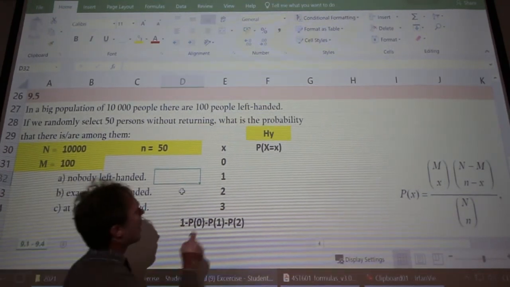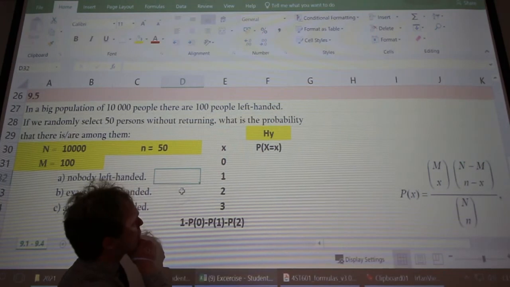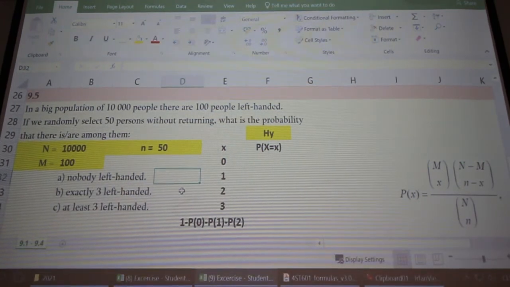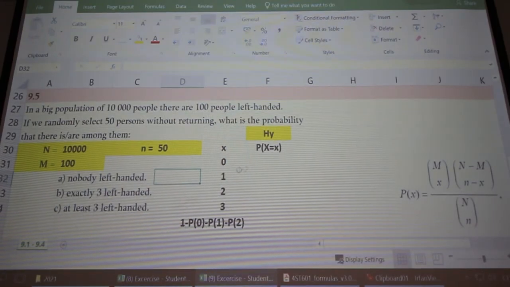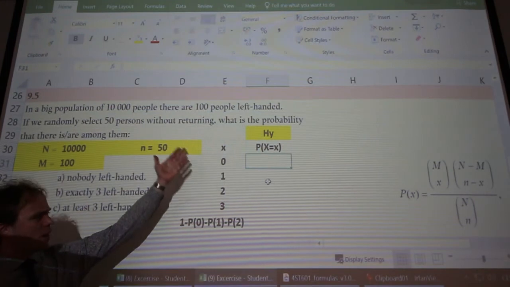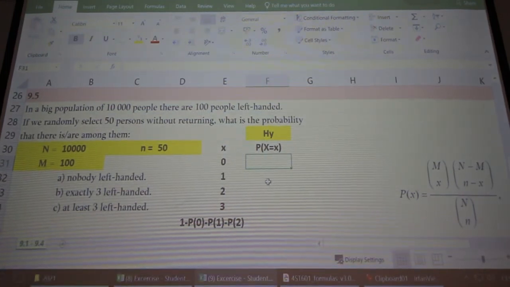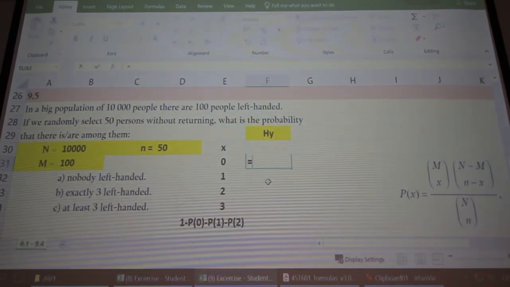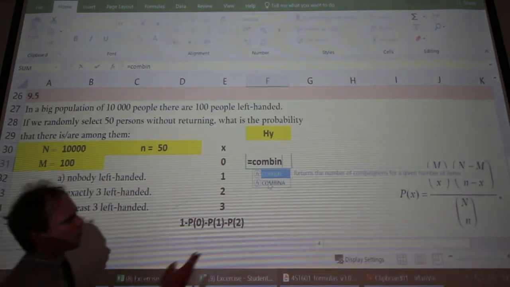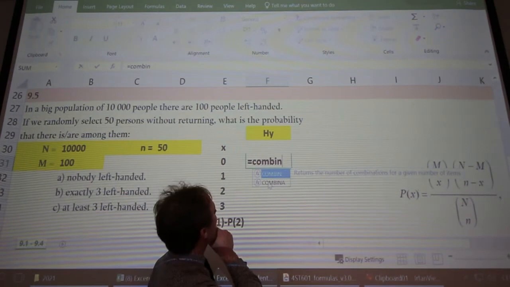Yes, for hypergeometric distribution, and there is a formula for hypergeometric distribution. So I think that we can start with the calculation. Right here, equal sign and the function is COMBIN. It returns the number of combinations for a given number of items.